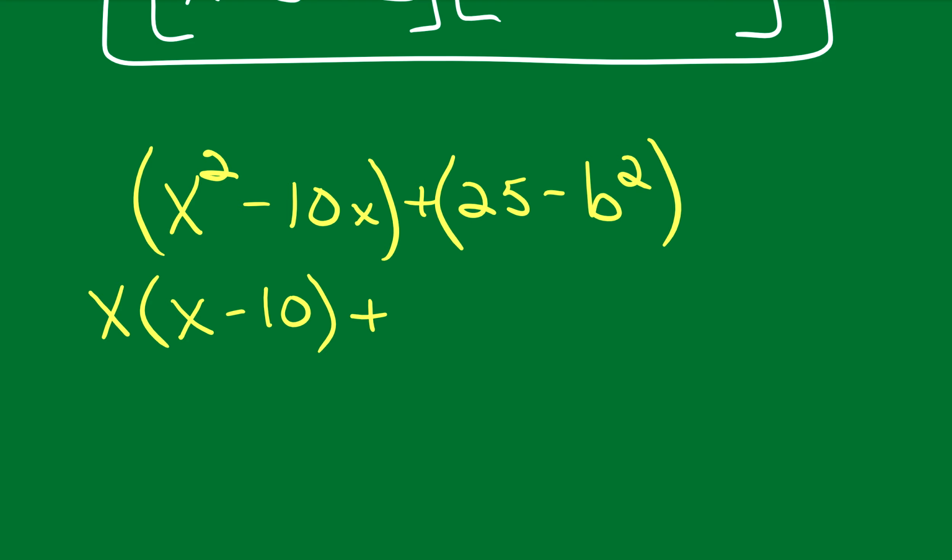What would I do though with that? If I can't factor anything out, is there something I can do with that? And the answer may be yes, it's a difference of 2 squares. So that means that's going to be 5 minus b times 5 plus b.